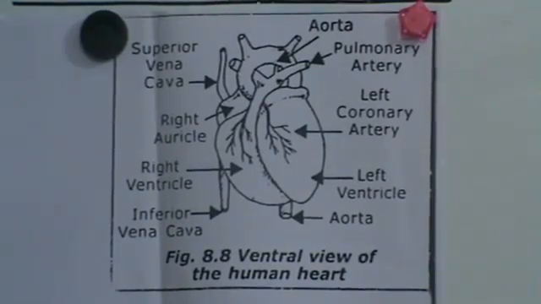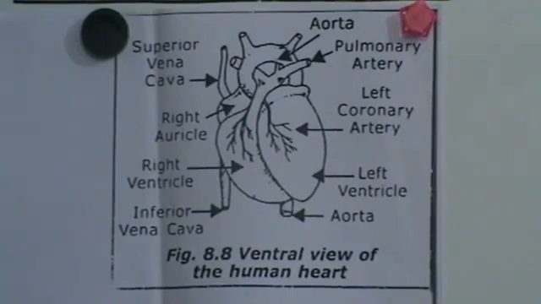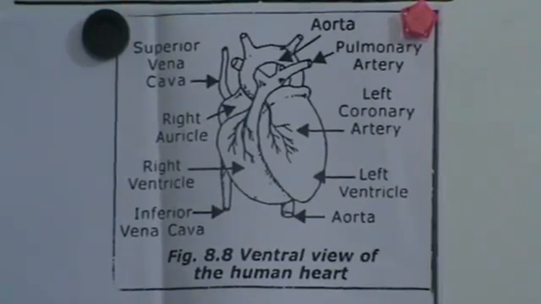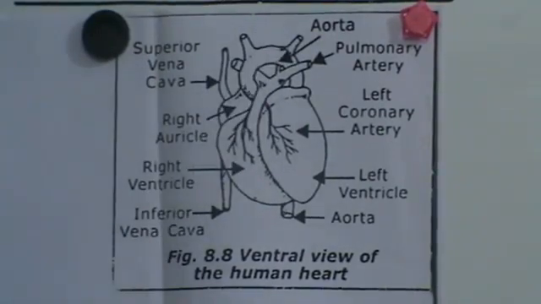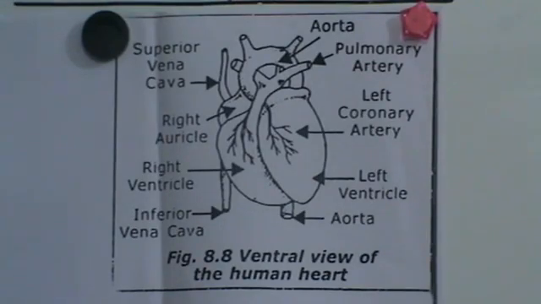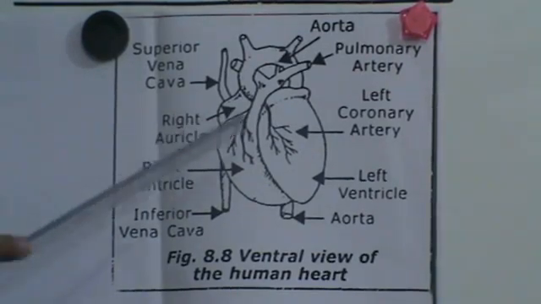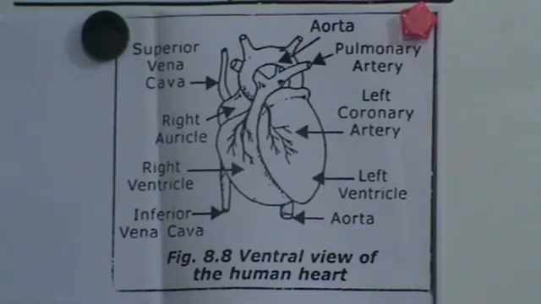Now, from the left ventricle arises the aorta, which runs anteriorly and turns posteriorly to supply oxygenated blood to different parts of the body, right? Now, from the base of aorta rises the coronary artery, which supplies blood to the heart tissue. This is the coronary artery.